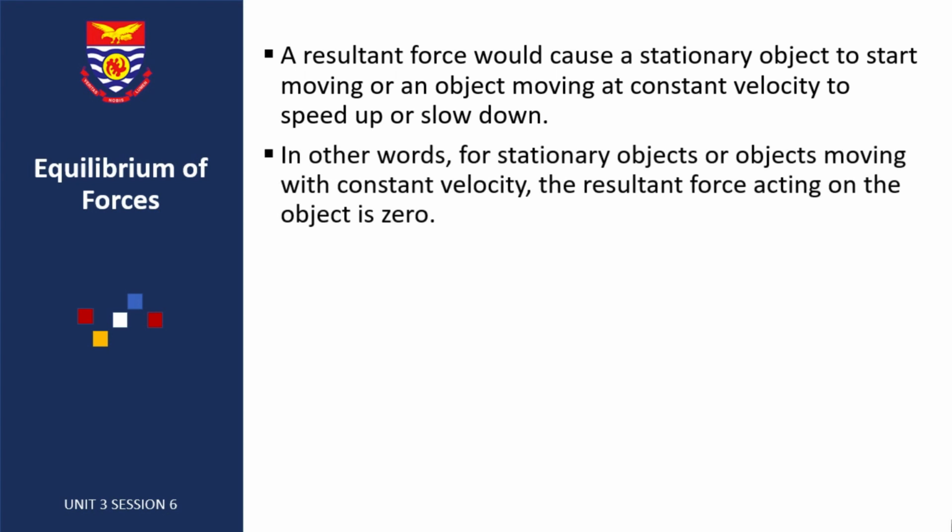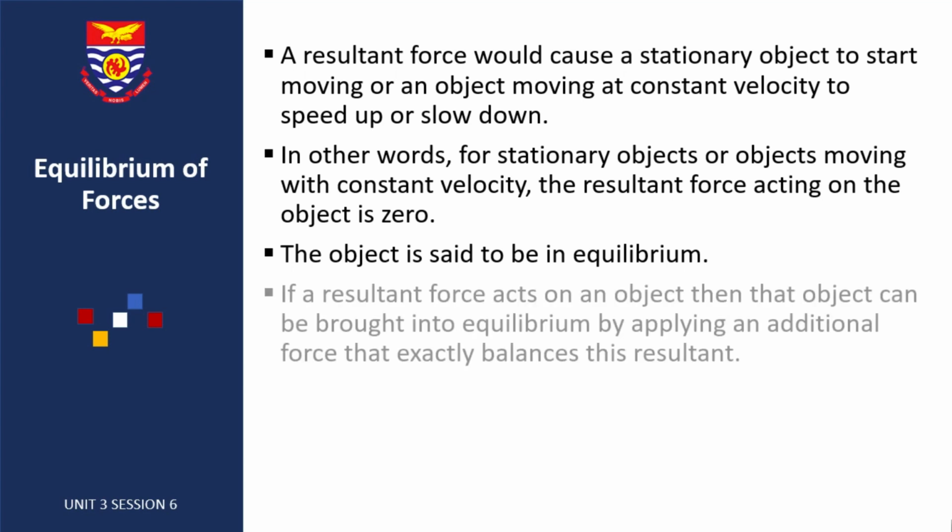In other words, for stationary objects or objects moving with constant velocity, the resultant force acting on the object is 0. And when that happens, we say that the body is in equilibrium. So when we have a number of forces acting on a body and the resultant of such forces is zero, then we say that the body is in equilibrium.